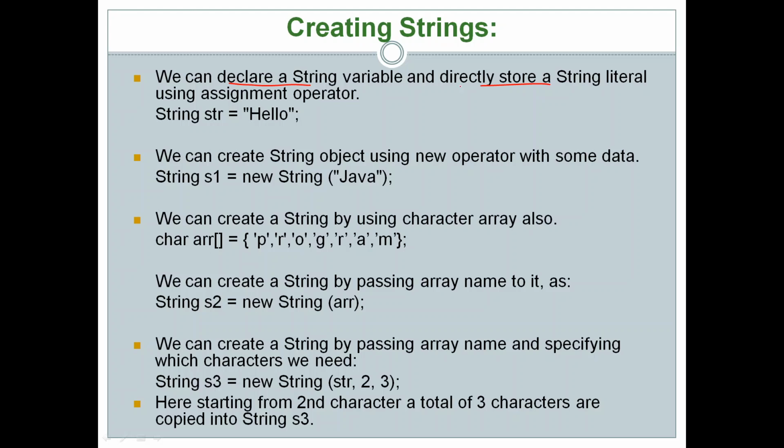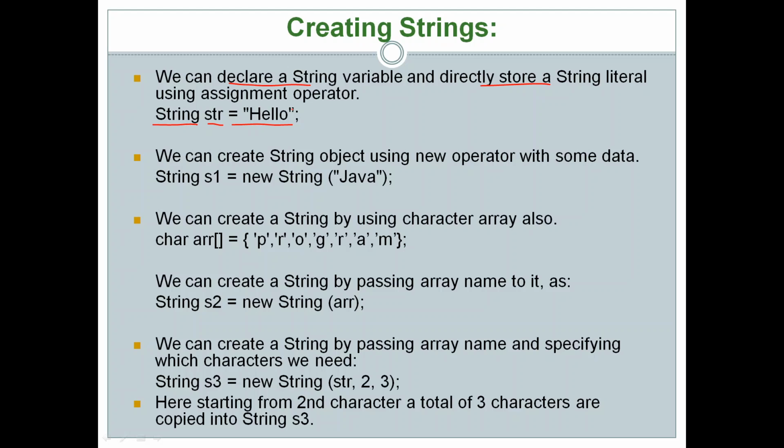The first way here, you can see, is to store a string literal using the assignment operator. You can see here how it is declared. String, that is the type, variable name str is equal to the value, and the value is enclosed in double quotes. Remember, the string literal needs to be always enclosed in double quotes in Java.